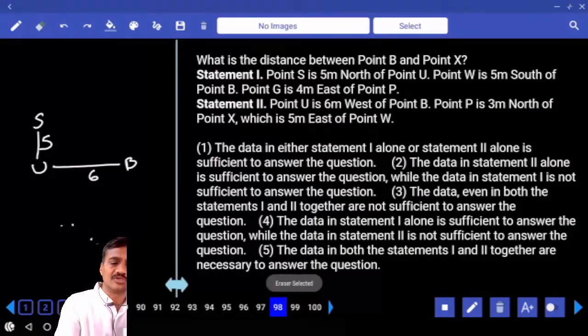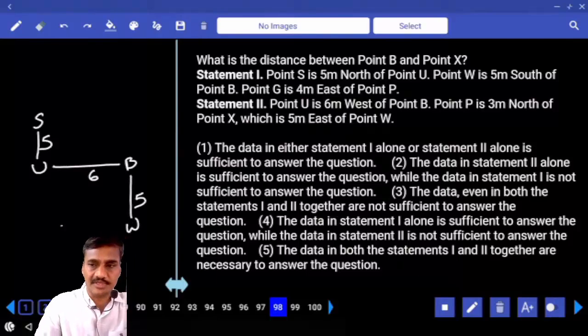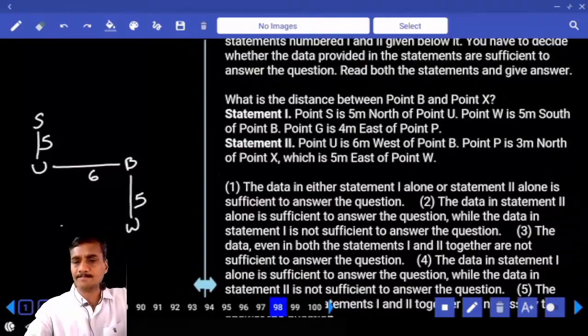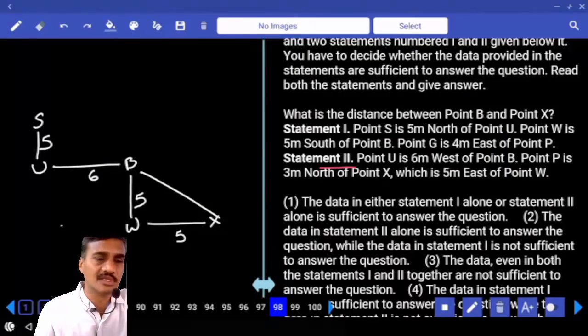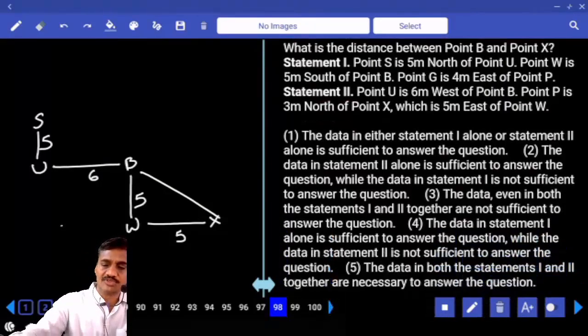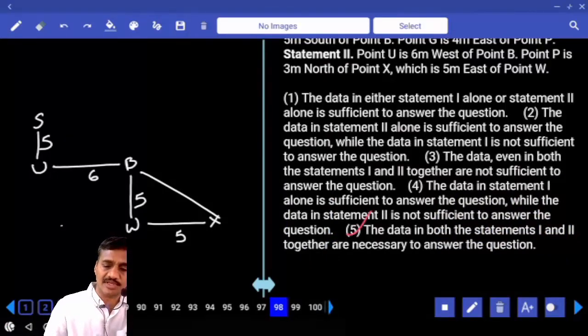W is 5 meters to the south of B. And G is 4 meters to the east of P. G is 4 meters, and P is 3 meters to the north of X. Now X is 5 meters to the east of W. Now B and X: can the distance between B and X be identified or not? Yes. And so what is your answer? The data in both the statements are required, choice 98.